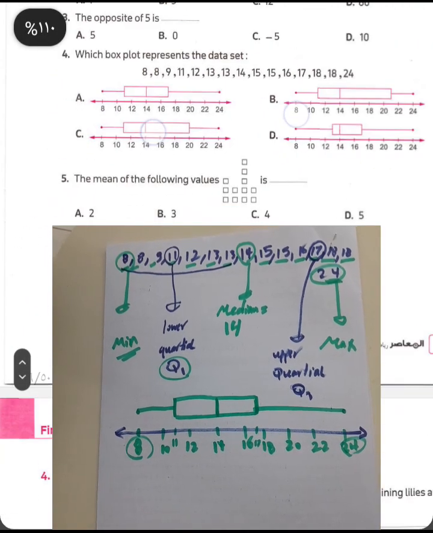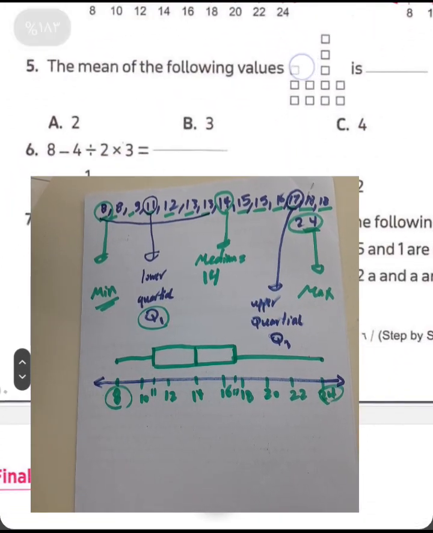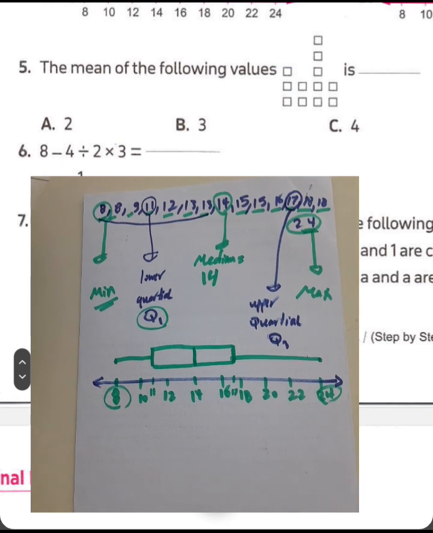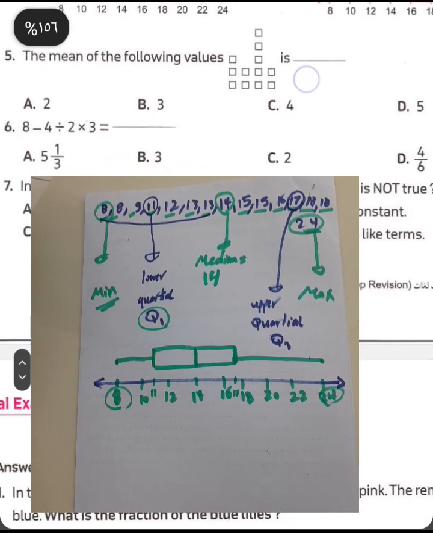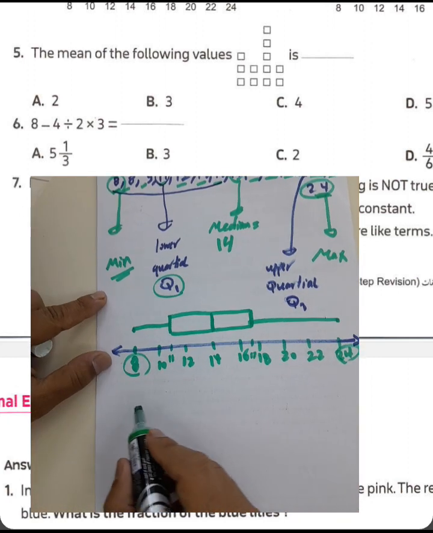Okay. Next question. The mean of the following values is what? We can find the mean here. Question number 5. Choose letter what? Letter B. Why letter B for question number 5?